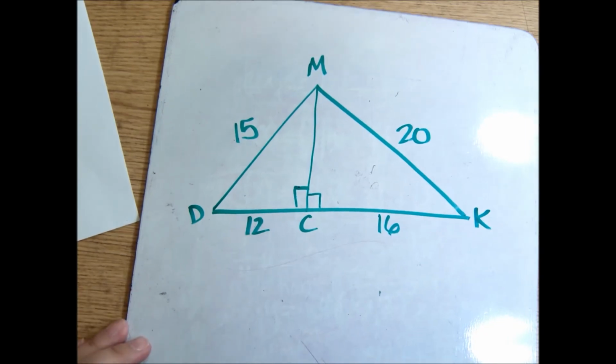All right, let's say we have some nice whole numbers. Basically, we have 3 triangles here.